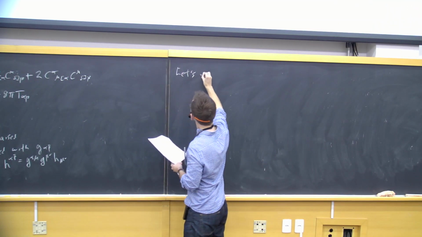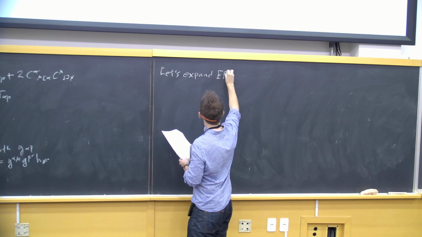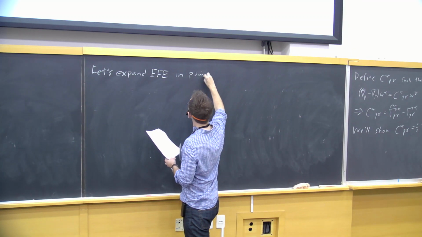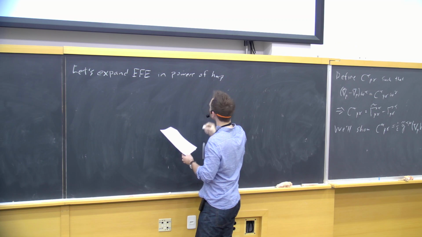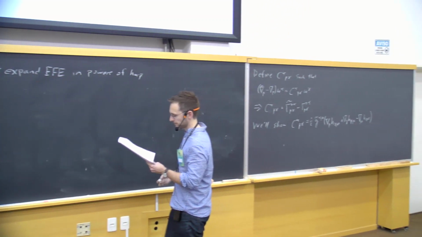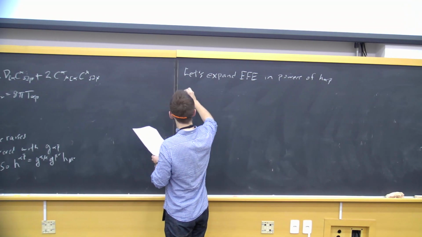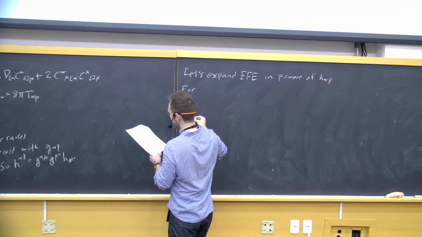So let's expand the Einstein equation in powers of h alpha beta. So let me introduce a bit of notation.